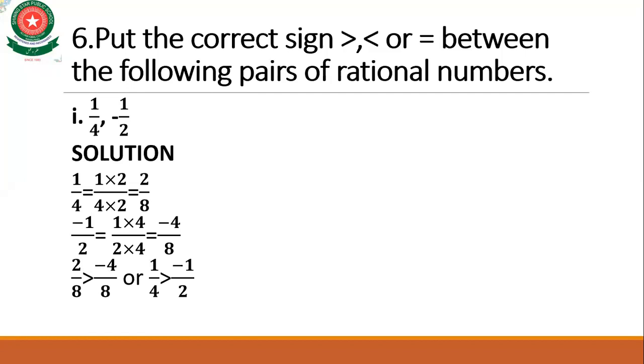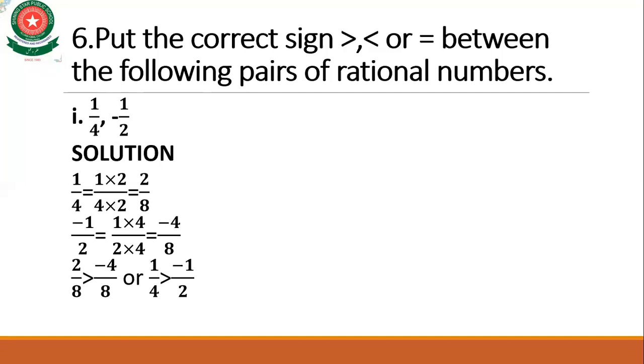Now the same for minus 1 by 2. Here again we will multiply the numerator and denominator by 4: minus 1 multiplied by 4 over 2 multiplied by 4, and the answer is minus 4 by 8.